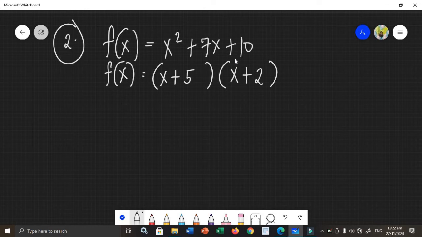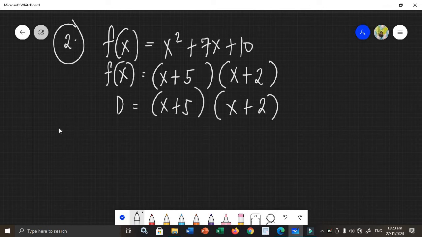This is actually kind of a trial and error. Kapag nagfa-factor ka ng trinomial, it's like trial and error. So, I know you can do that. And then, we need to equate the whole equation to 0, and then equate each factor separately. So, x plus 5 equals 0, and x plus 2 equals 0.